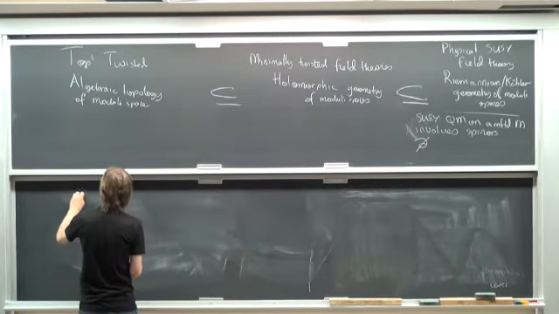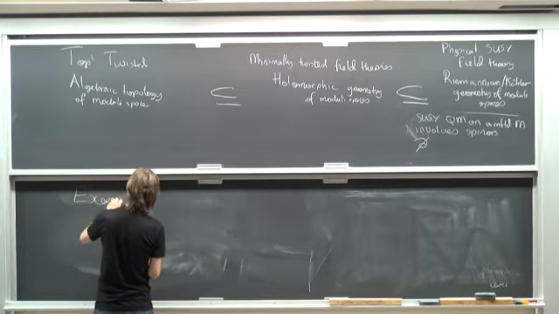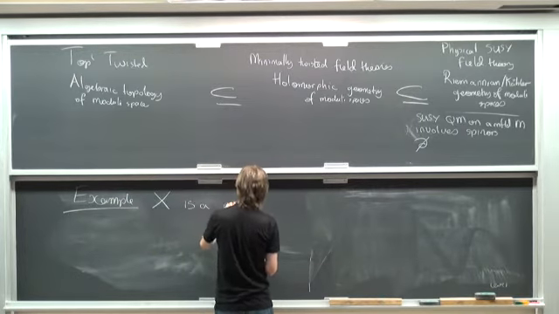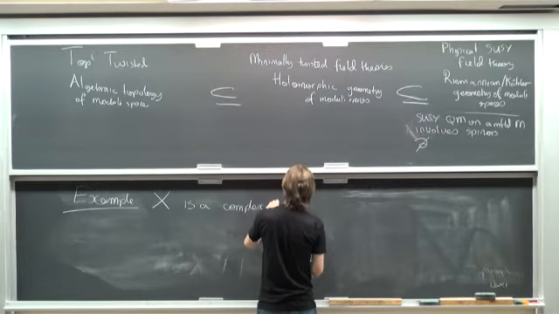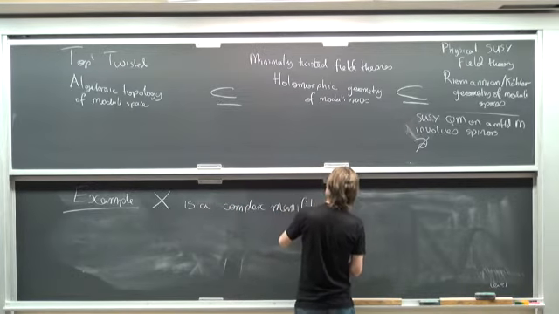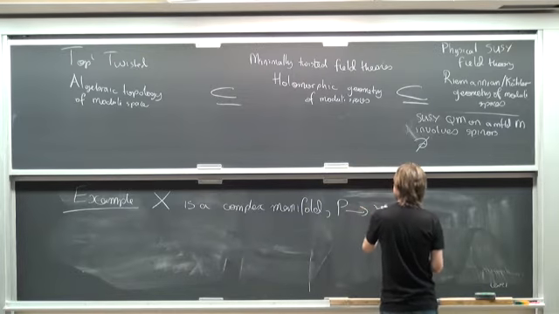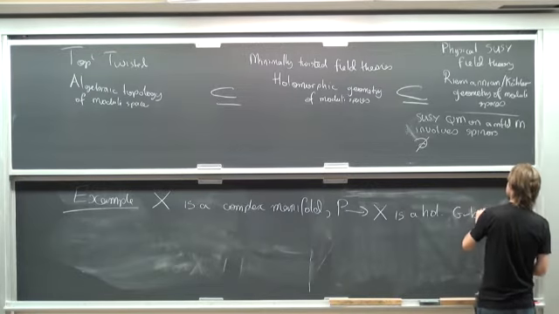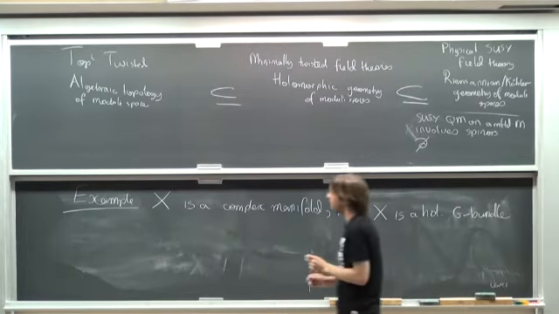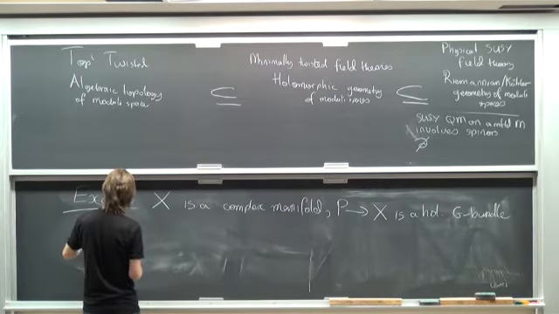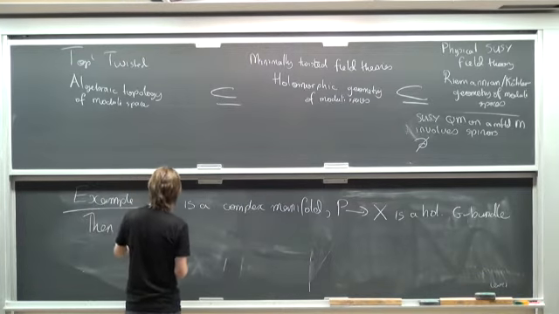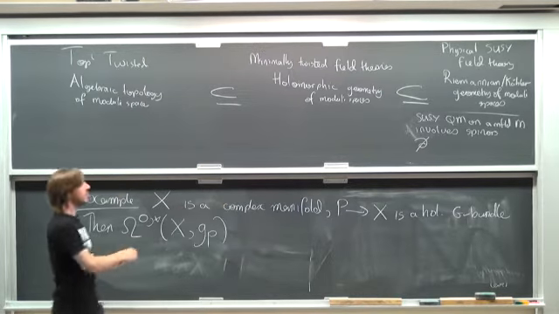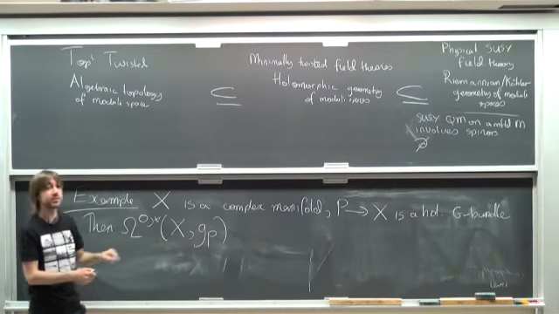So here's an example. Suppose X is a complex manifold, and P to X is a holomorphic G bundle. Then I can take the Dolbeault complex with coefficients in the adjoint bundle of Lie algebras.